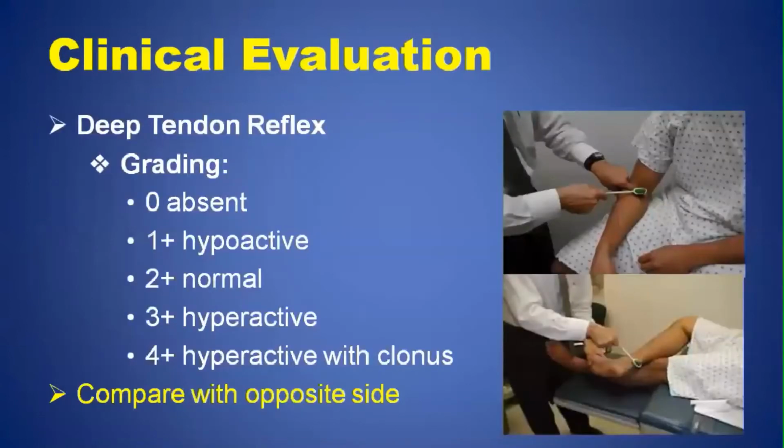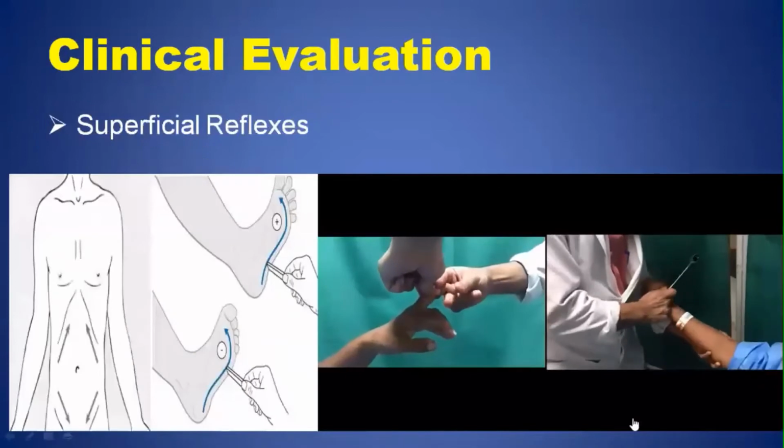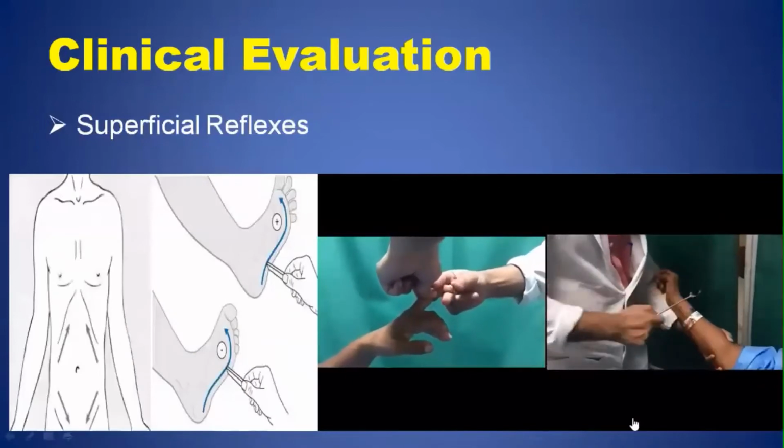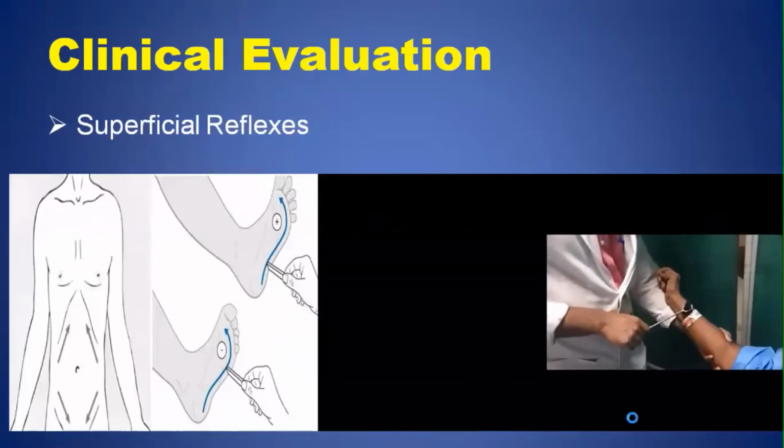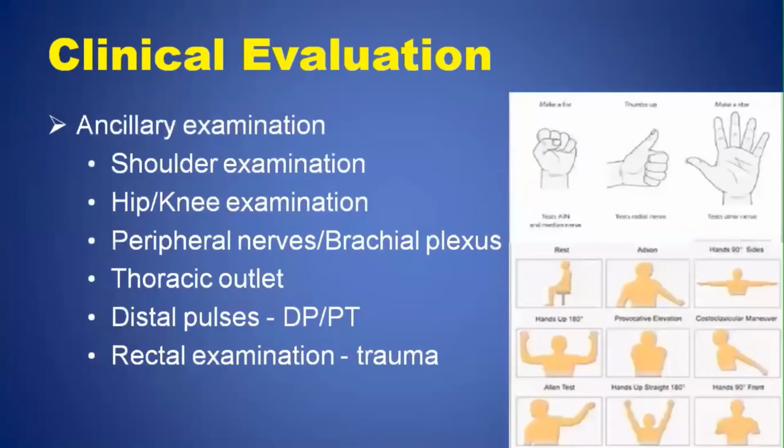It is very important to elicit the deep tendon reflexes, and always compare them with the opposite side. Also try to elicit the superficial reflexes like the superficial abdominal reflex, Babinski reflex, Hoffmann sign, and inverted supinator jerk. To conclude the examination and rule out extra-spinal etiologies, it is very, very important to perform shoulder examination, hip and knee examination, peripheral nerves, brachial plexus, and thoracic outlet.